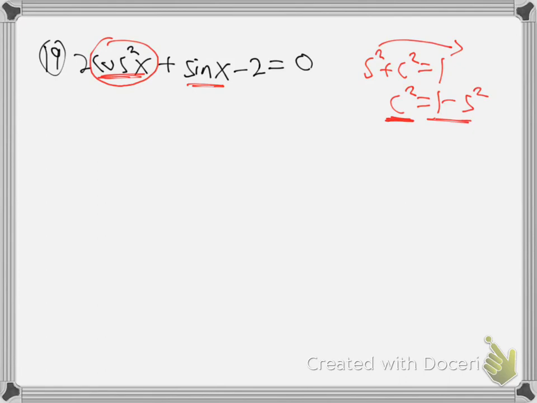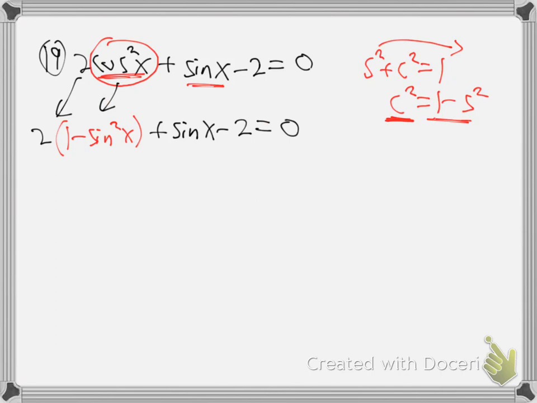So this will become 2, and then we replace cosine squared with 1 minus sine squared, plus sine x minus 2 is 0. Everybody see how I replaced cosine squared with 1 minus sine squared?